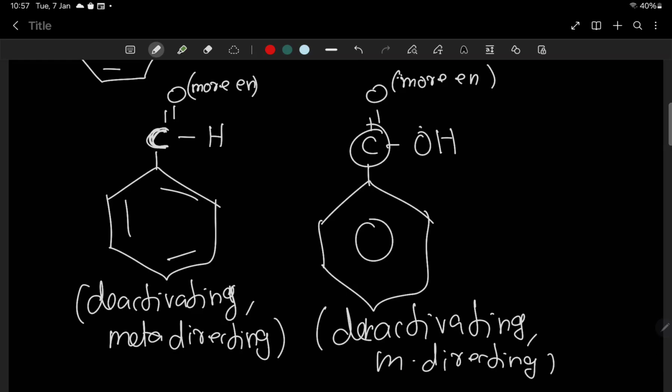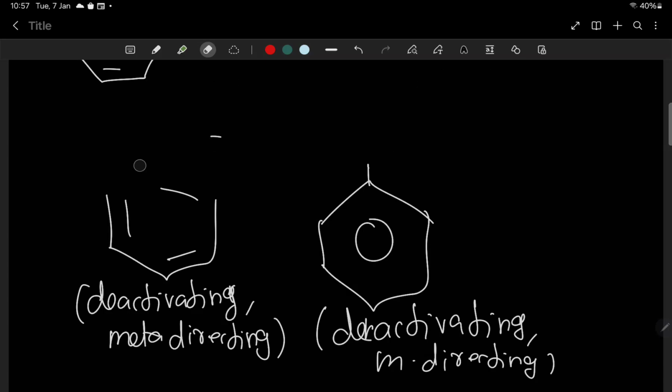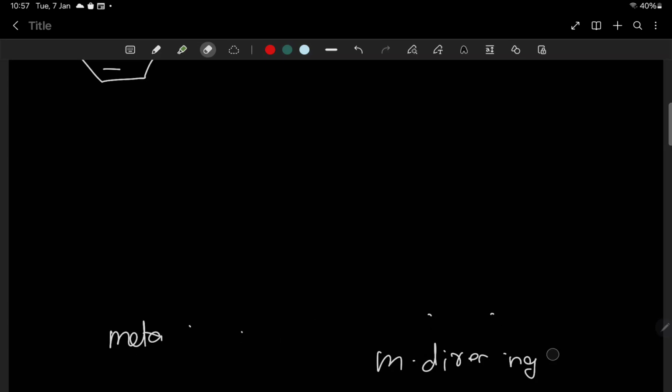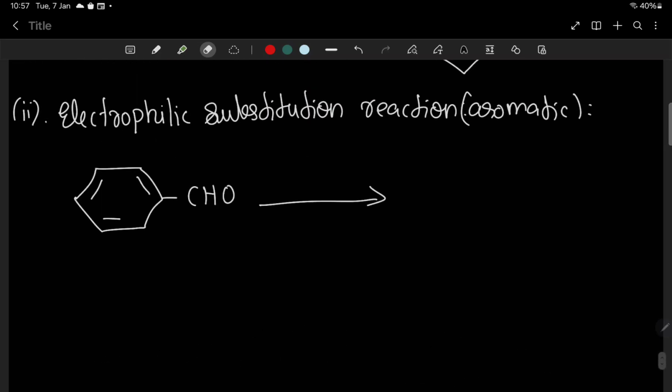Okay, you understood. So you can understand that benzaldehyde is a deactivating meta-directing group. So it is a meta-directing group, not ortho-para. So this compound will not show Friedel-Crafts reaction. Friedel-Crafts reaction is not shown by benzaldehyde.